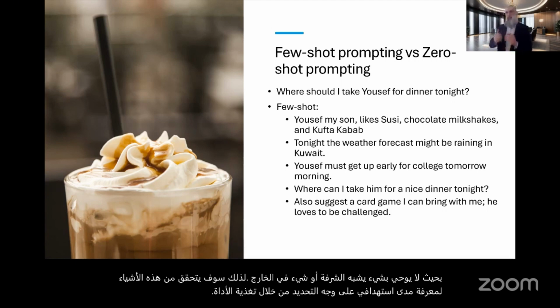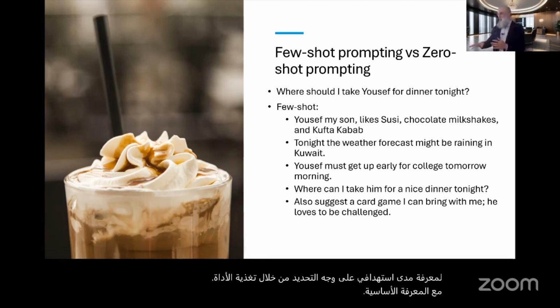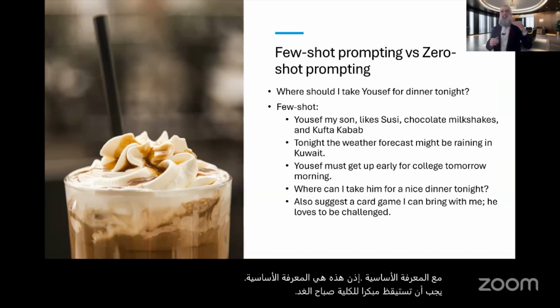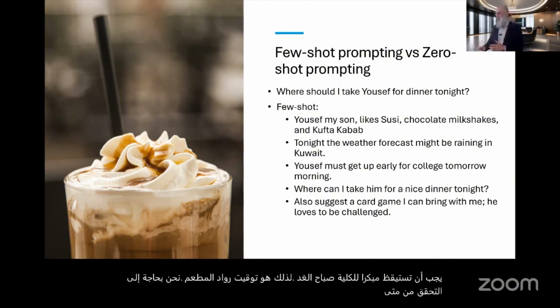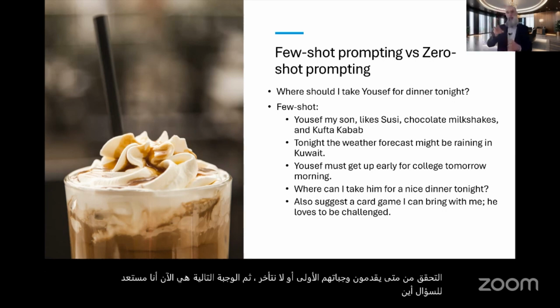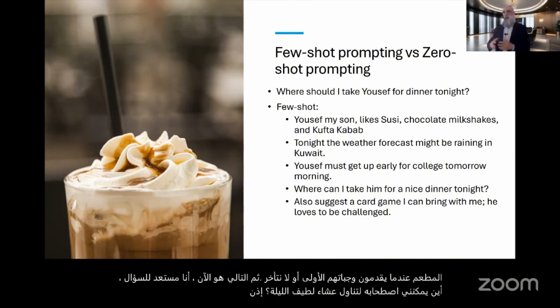Yusuf must get up early for college tomorrow morning, so we need to check when the diners serve their first meal, so we don't get late. And then now I'm ready with the question: where can I take him for a nice dinner tonight? It's the same question as the first one, but now with the background knowledge.